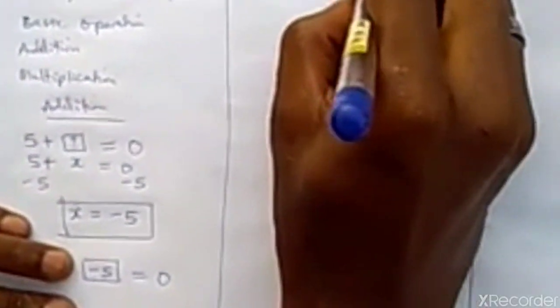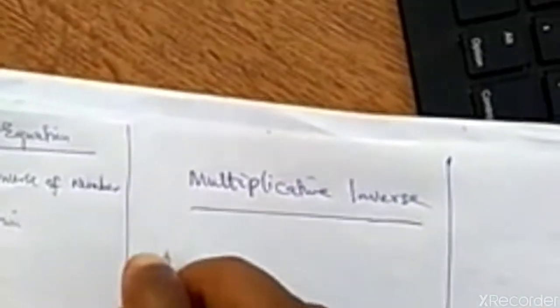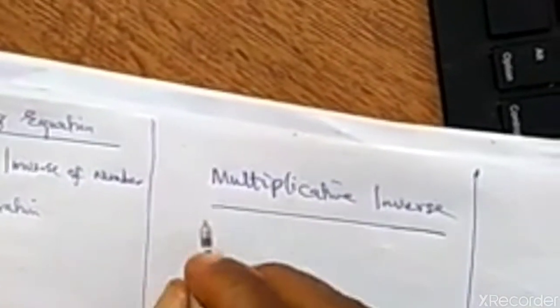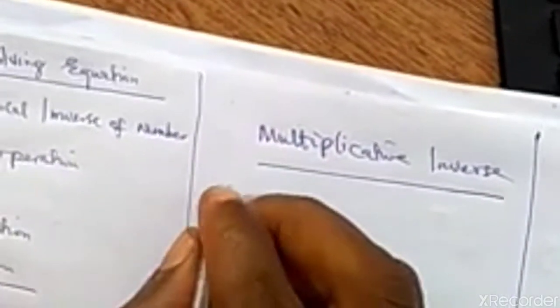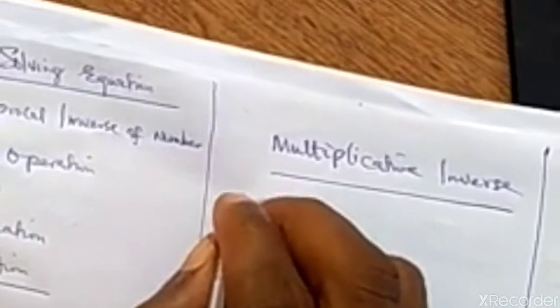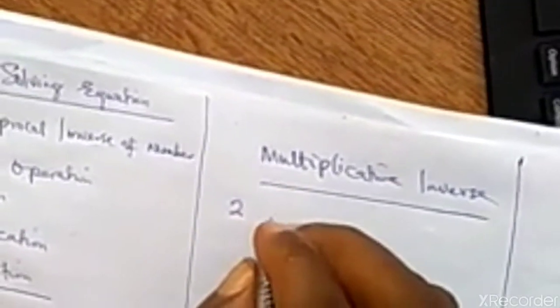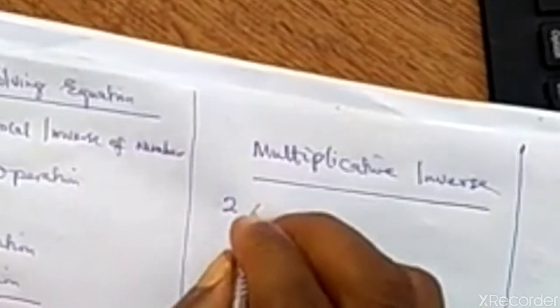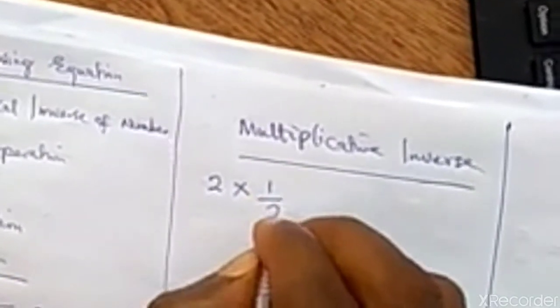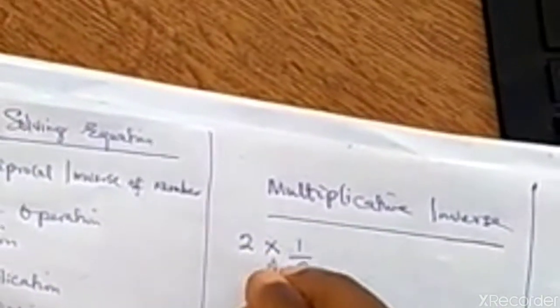And let us recall our memory on the multiplicative inverse. The multiplicative inverse of a number is another number such that when you multiply them together, you will have 1. For example, the multiplicative inverse of 2 is 1 over 2, because 2 times 1 over 2 will give us 1.